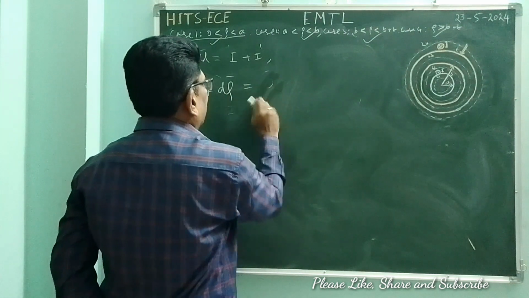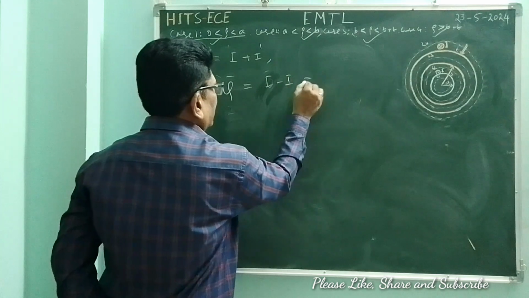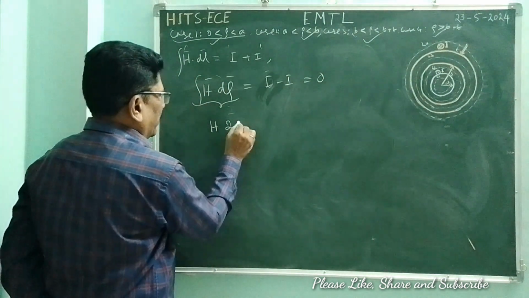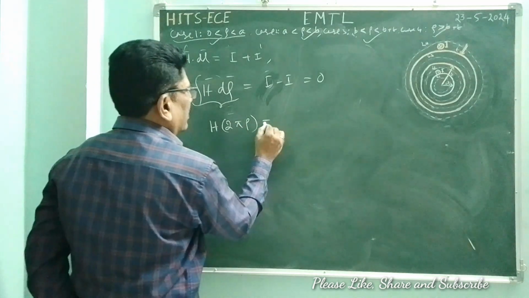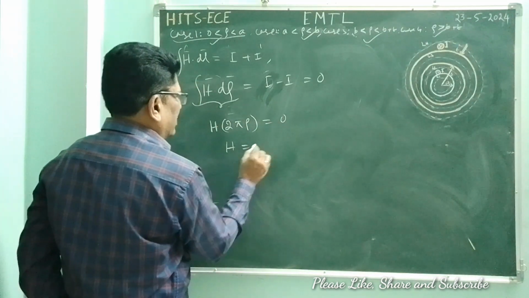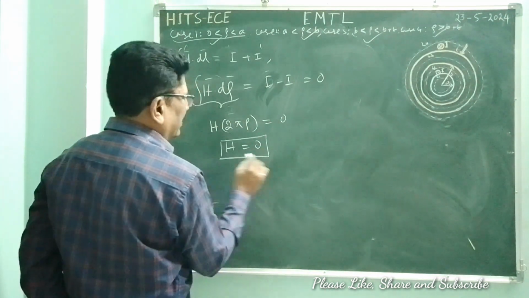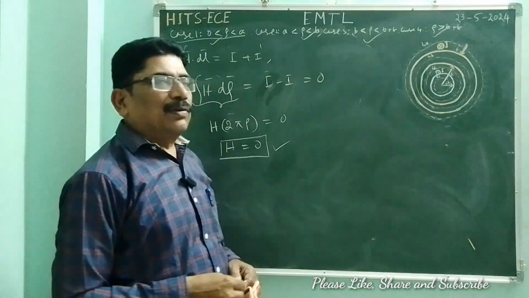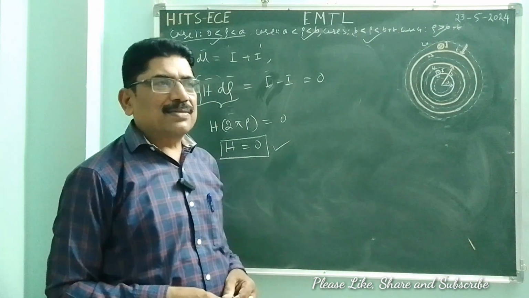I plus I, that is I minus I, which is equal to 0. I already derived this: H into 2 pi rho is equal to 0. So H is equal to 0 for L4. Okay. With this, Ampere's circuital law and its applications are completed.